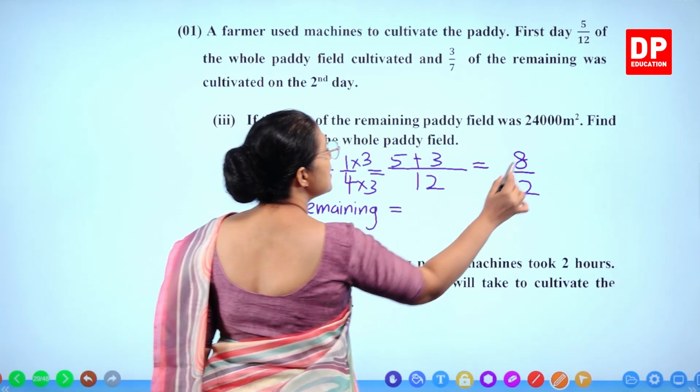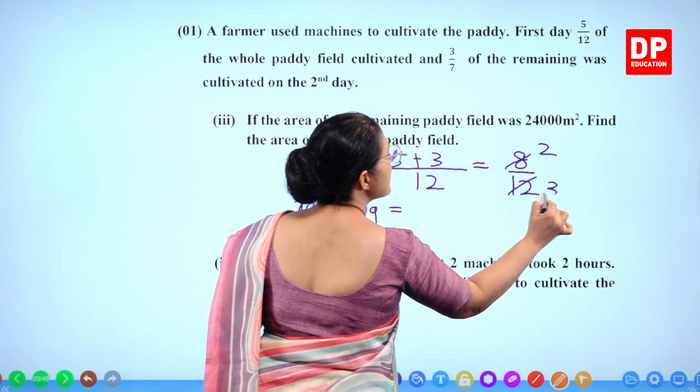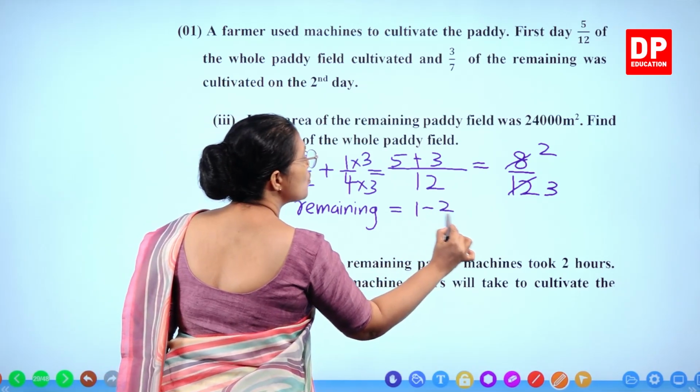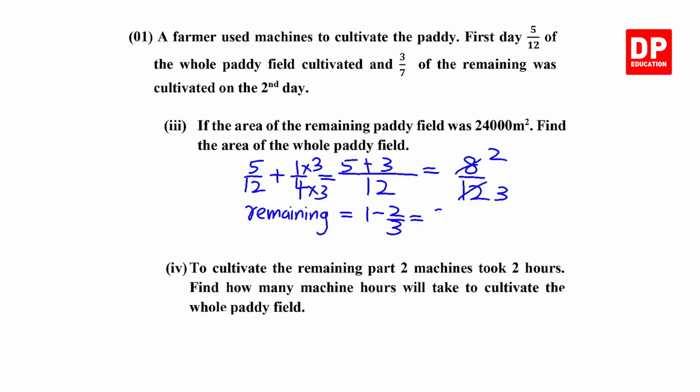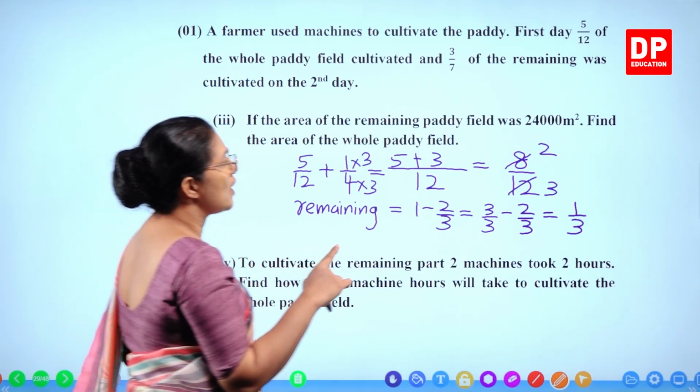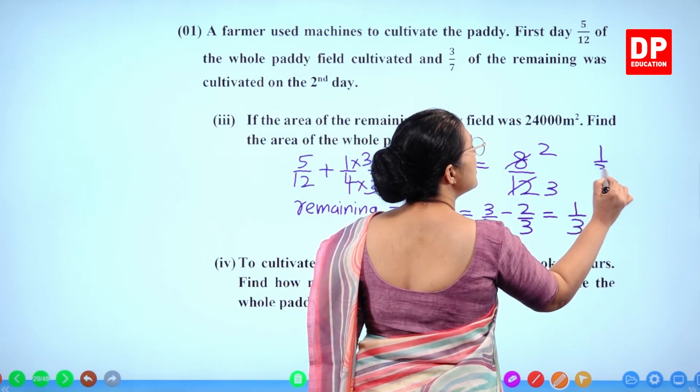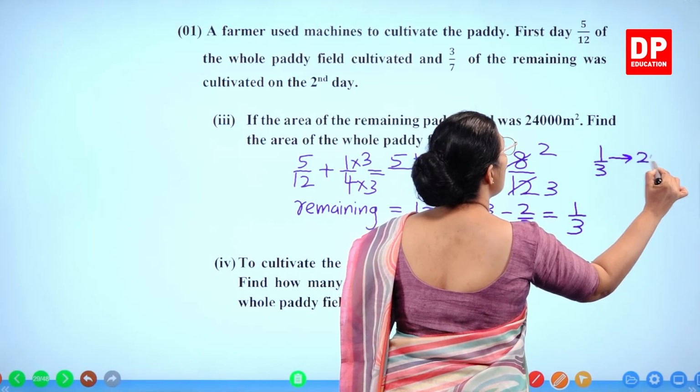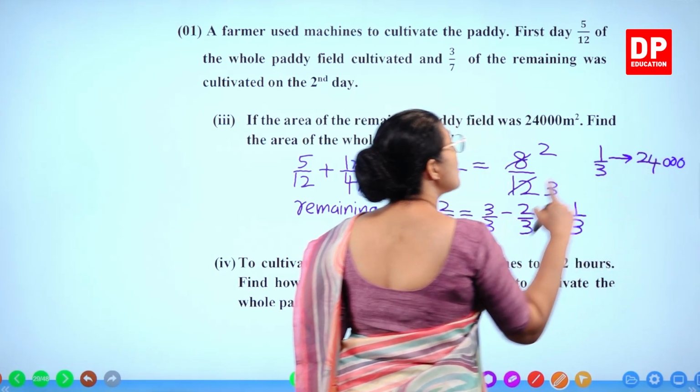Remaining part is here 4 times 2, 4 times 3. So 1 minus 2/3, that means 3/3 minus 2/3, that's 1/3. 1/3 means 24,000. So 1/3 represents, that's the remaining part, 24,000. What's the total?